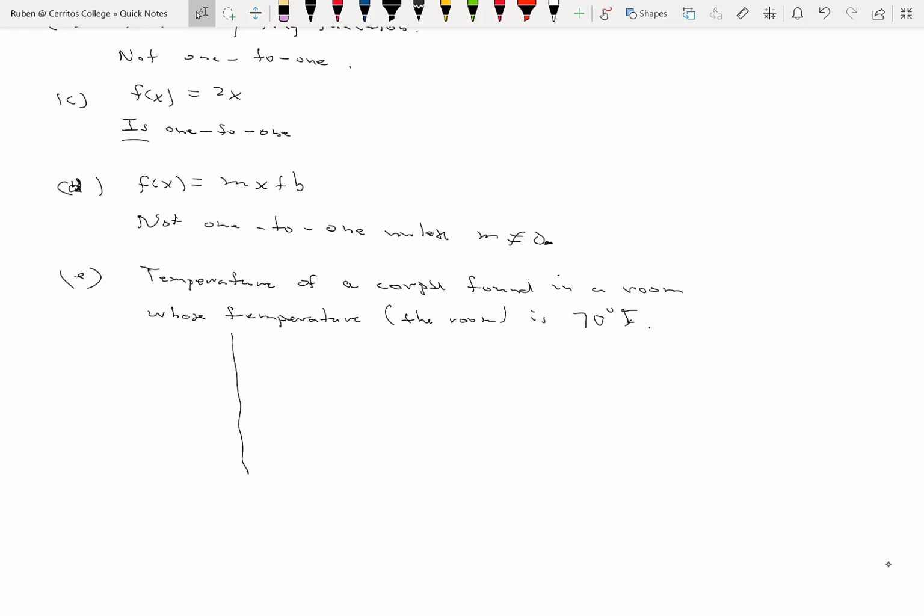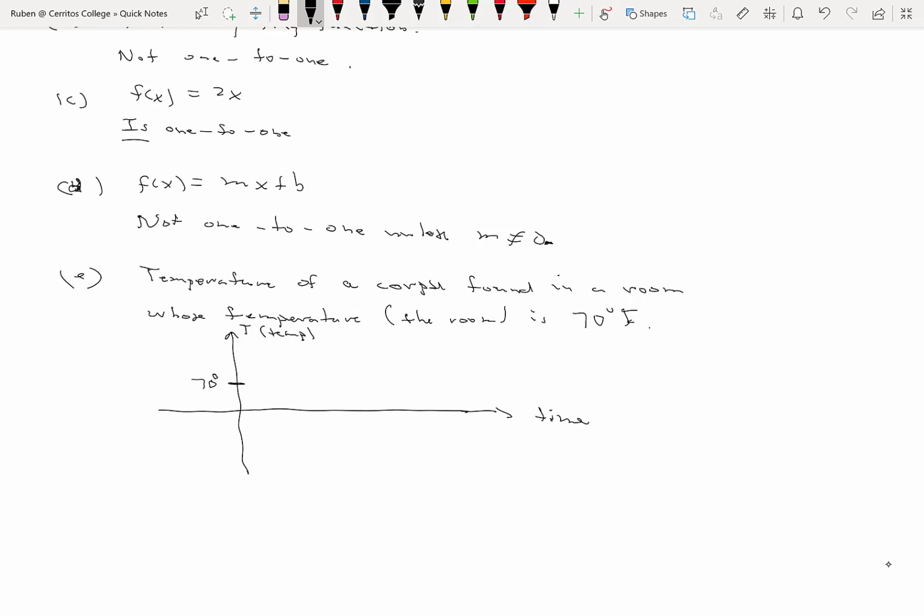And the answer is a little more difficult than you might imagine. It depends on our point of view. If we graph temperature, T, versus time, and the room is found to be 70 degrees, let's put 70 degrees here.